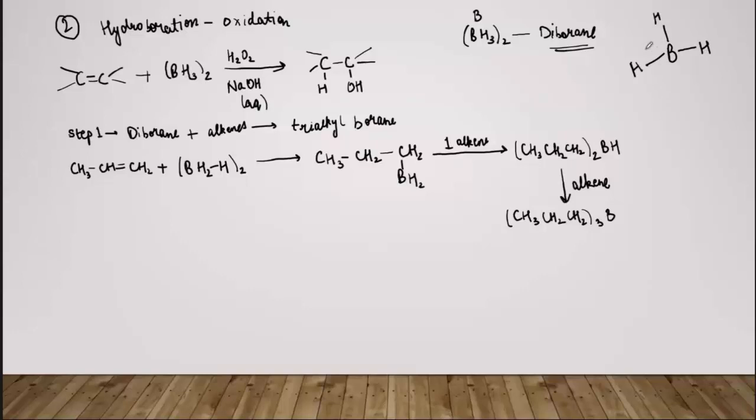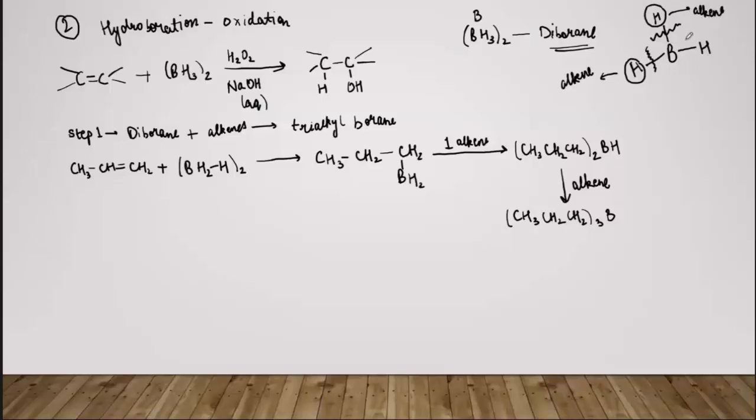So when it reacts with one alkene molecule, ये वाला बॉन्ड ब्रेक हुआ और यहाँ पे H की जगह पे एल्कीन लग गया. ठीक है, अब क्या हुआ, because it has other H atoms still remaining with it, so one more alkene molecule will come, it will react with another molecule और ये वाला बॉन्ड भी ब्रेक हो जाएगा और फिर ये वाला जो H होगा ना उसको भी रिप्लेस कर देगा एल्कीन से.